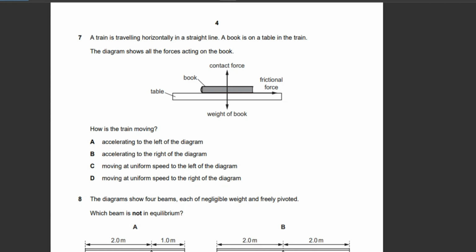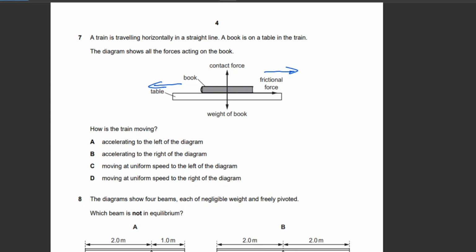How is the train moving? How will I know how the train is moving? I can see that there's frictional force here. That means the book is moving in this direction. Did you get that? So the frictional force always acts in opposite direction. But then how is the train moving now?